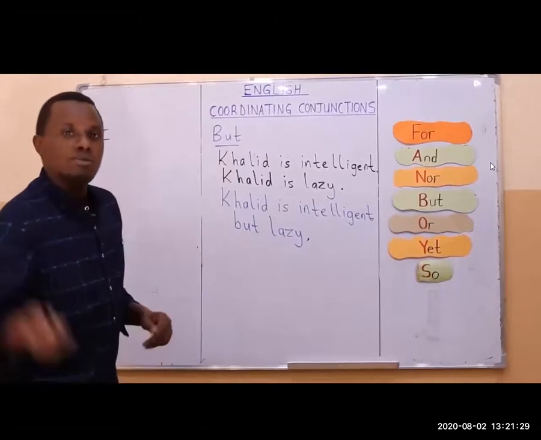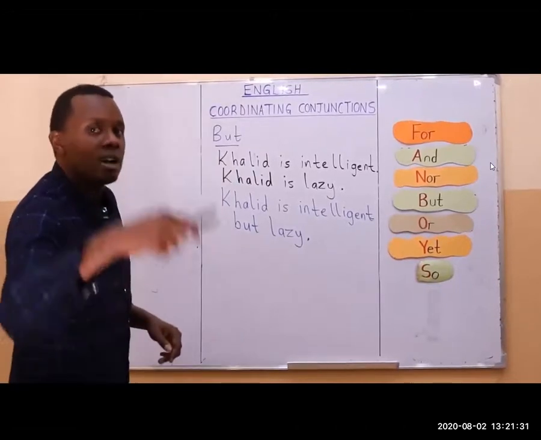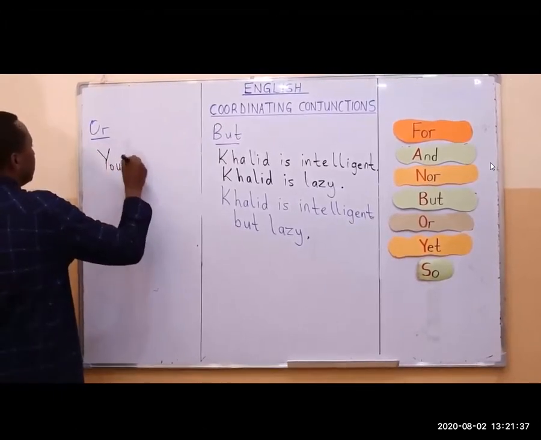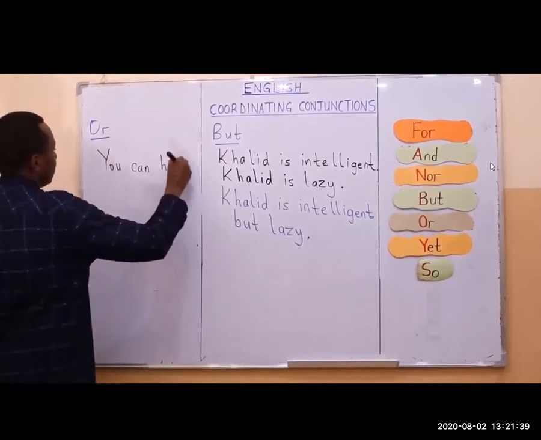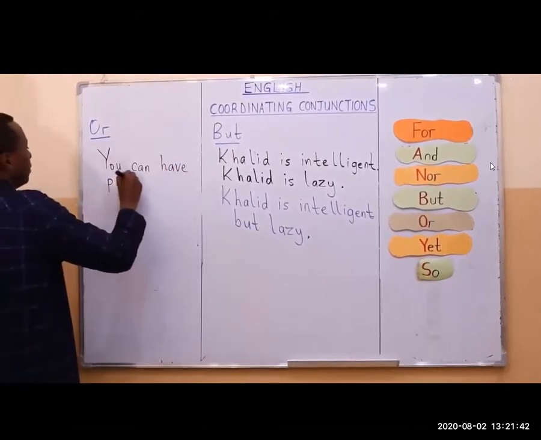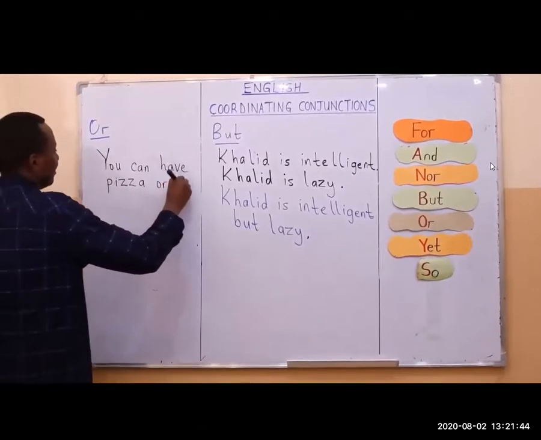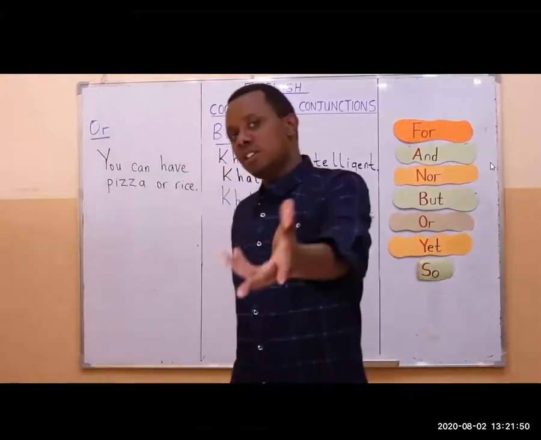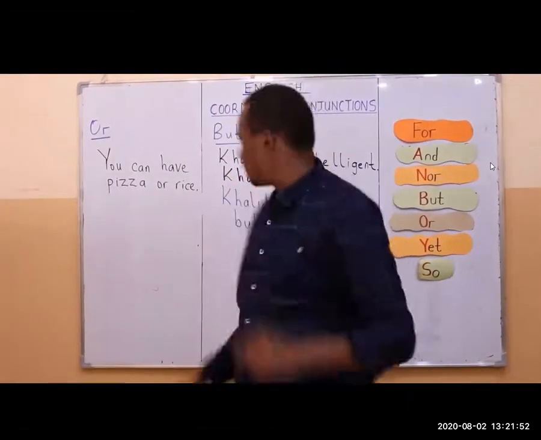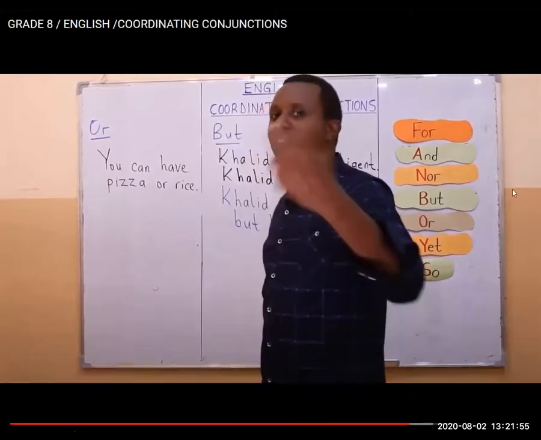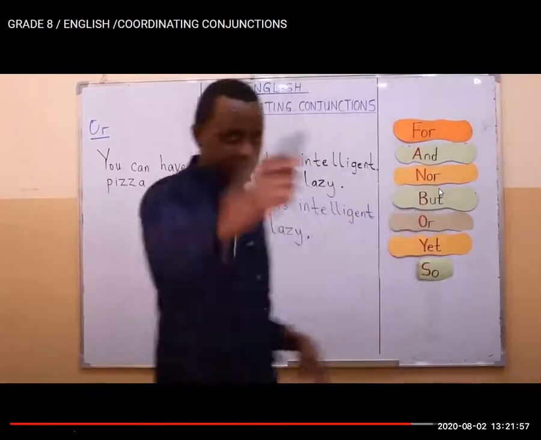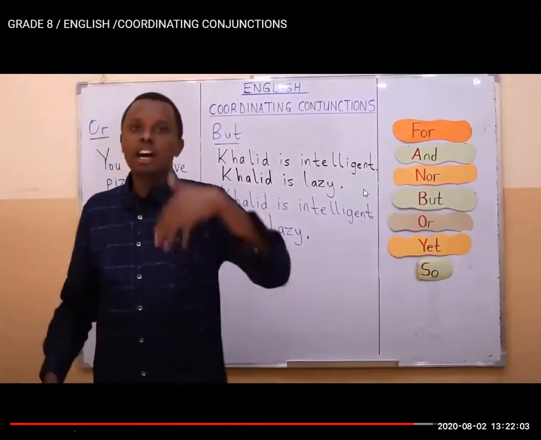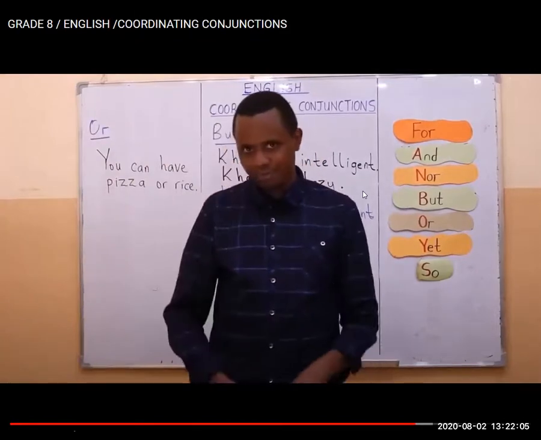And somebody tells you, you can have pizza or rice. So there is a choice you're being given. Are you going to have pizza? Are you going to have rice? I don't know what you're going to pick. I think I will pick rice because I'm very health conscious. I don't want to start getting obesity and all that stuff. Yeah. So you can have pizza or rice. You're showing a choice that someone is presenting to you.